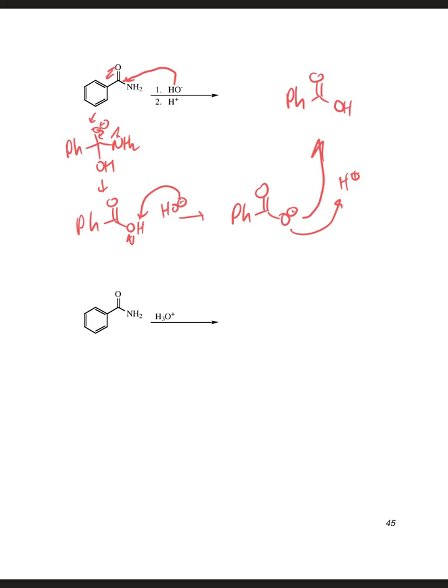Then we have the long way with acid, where we have to protonate it first with one of the protons off of water. Then water can add to the carbonyl, form the tetrahedral intermediate.